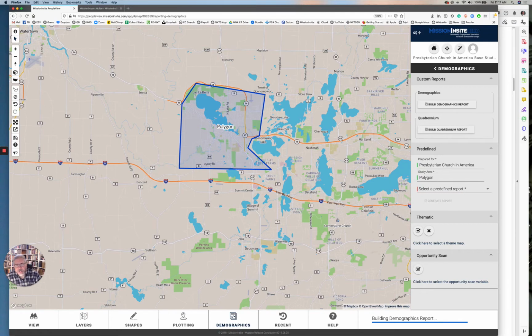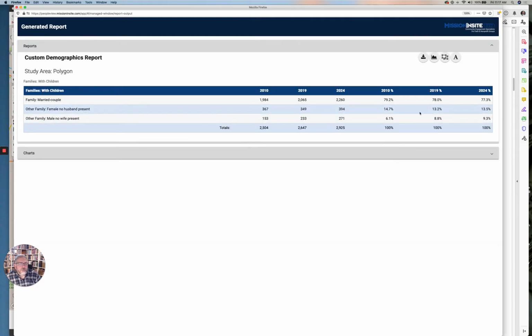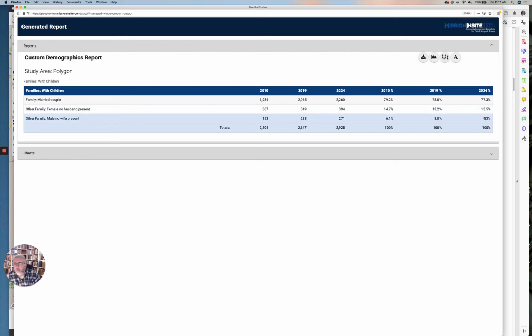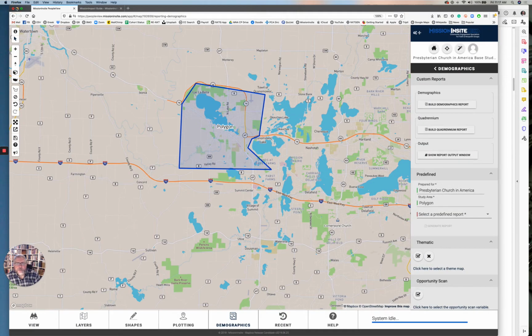If there's something specific you want to ask, this is a great way of going. And so here, it tells you what is in the area you're looking for. 77% are married couples, versus female but no husband, or a man but no wife. So you can see a high rate of what we would call intact nuclear families in this region.